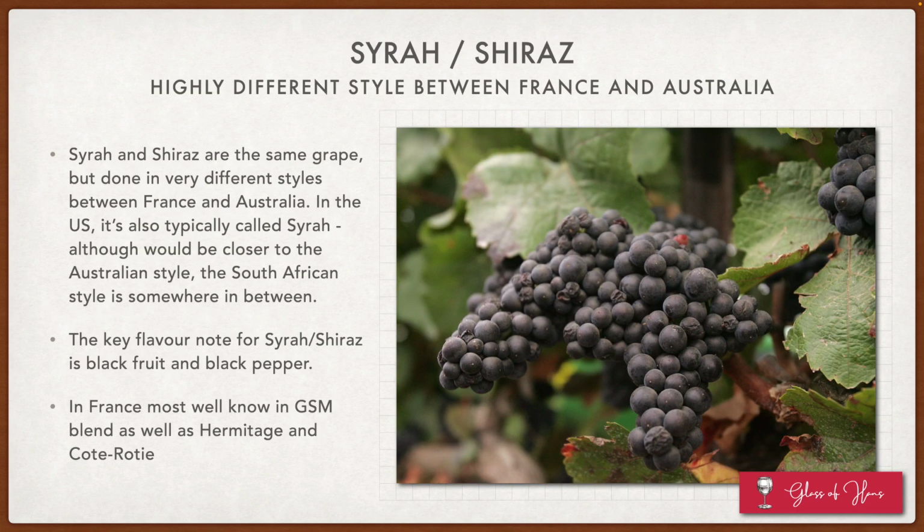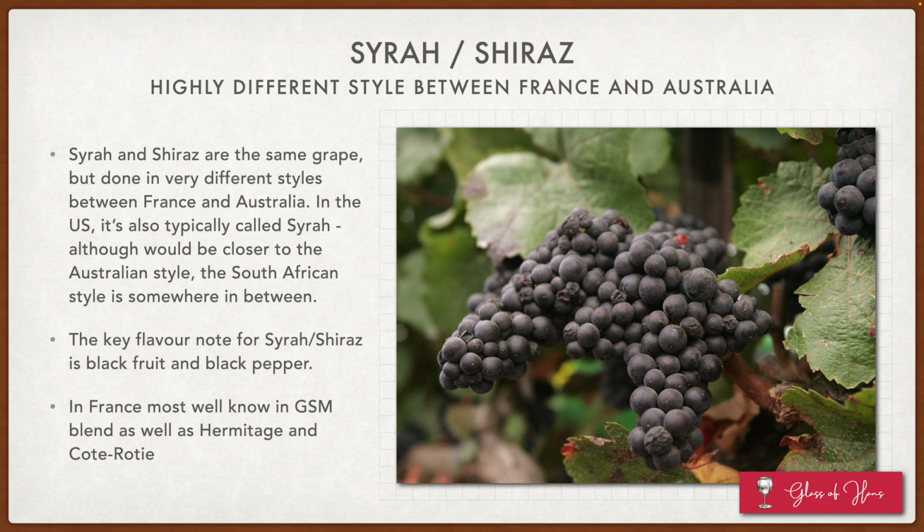Then we have the ever-popular Syrah or Shiraz. Again, like the previous example, Pinot Gris and Pinot Grigio, it is mainly called different names to indicate different styles rather than different grapes. So they're the same grape, very different style. In the US, curiously, it's called Syrah, although the style is closer to Australian style, and the South African style is somewhere in between, and in South Africa it is often known as Syrah as well.